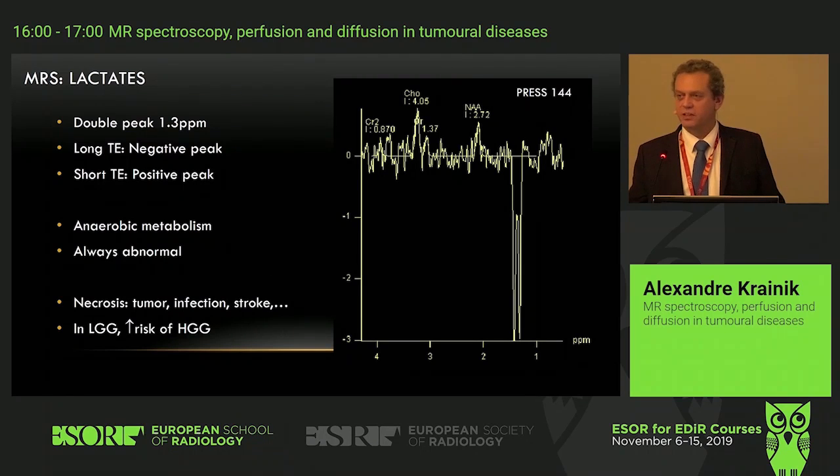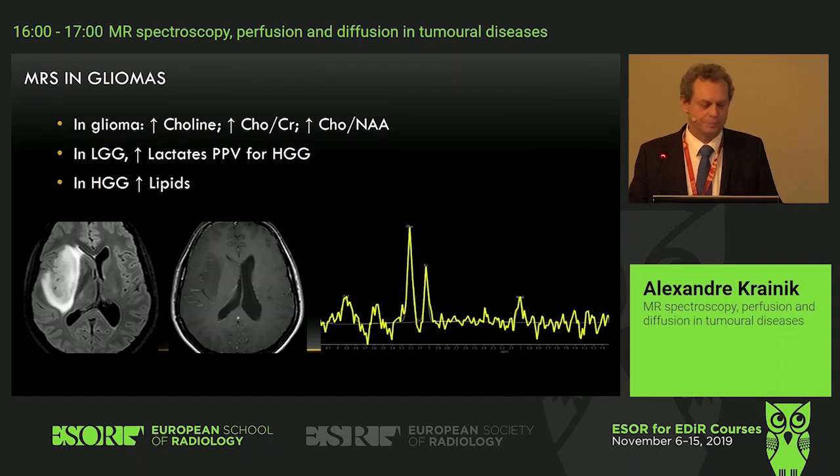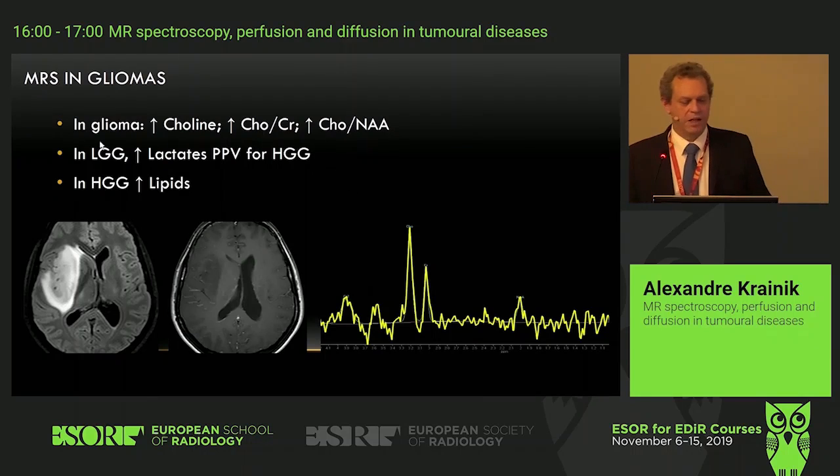You may see this in tumors, of course, but also in infection, in stroke, and so on. When you have a low-grade glioma, seeing an increase of lactate is rather a sign of turning into a higher grade glioma. Okay, let's see some examples.